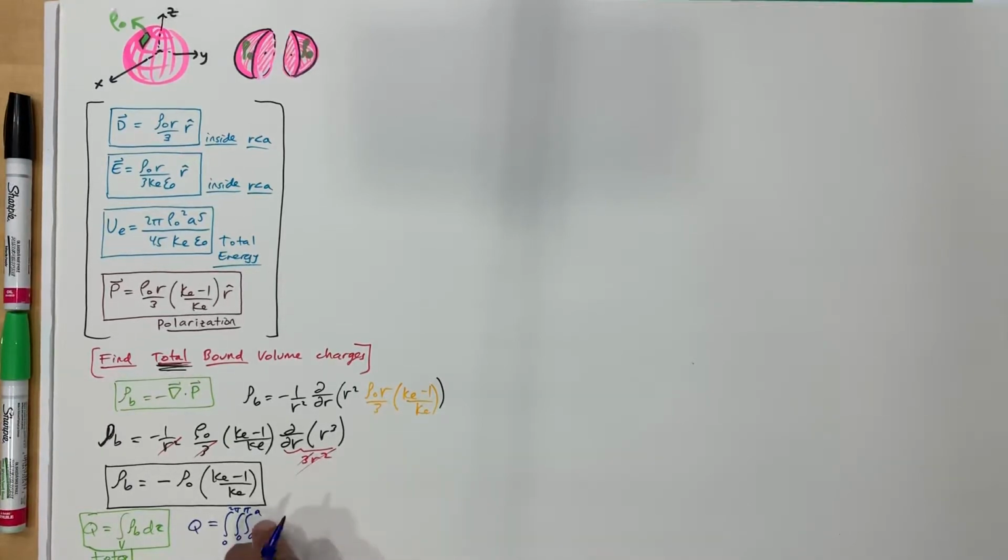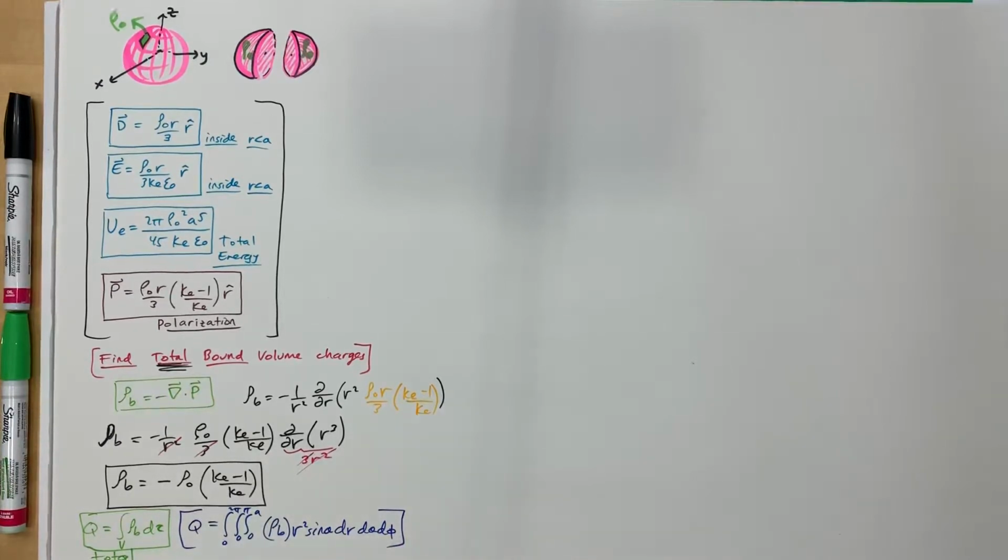This tells us that now we're going to have the total bound volume charge, because before this was not indicating the entirety of the space. So now we're integrating over it, and we have the volume bound charge, and then the Jacobian r² sine theta dr d theta d phi.